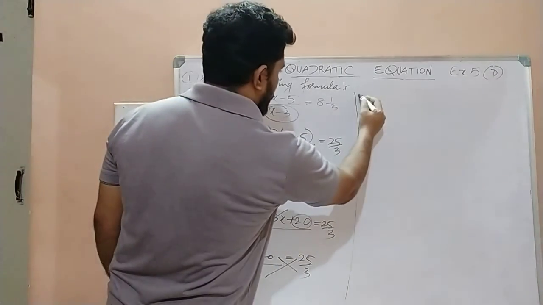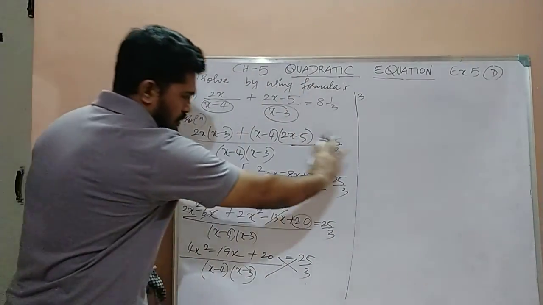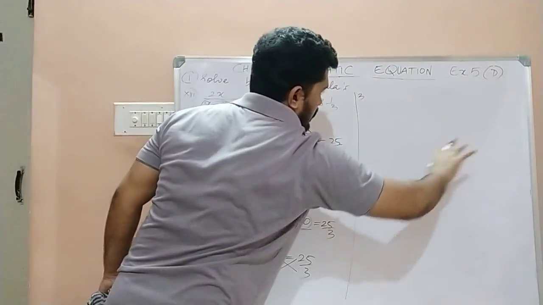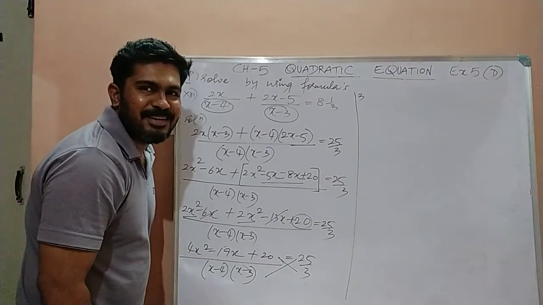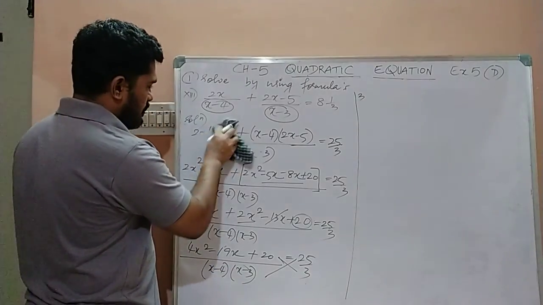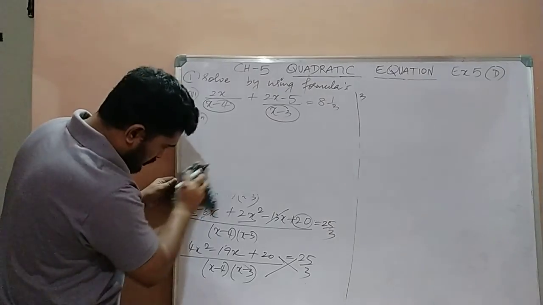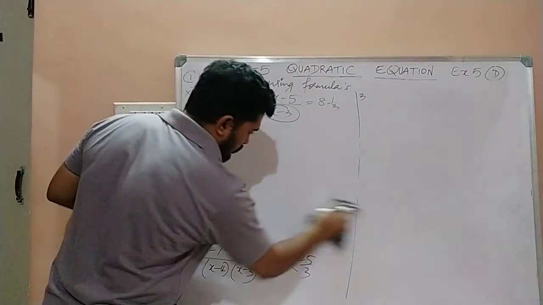So what will happen? Children, I think I should utilize this space because I won't be able to cover the remaining space for the remaining steps. Okay, so if you have noted this step, I'll just rub this portion so that I can start over from here.